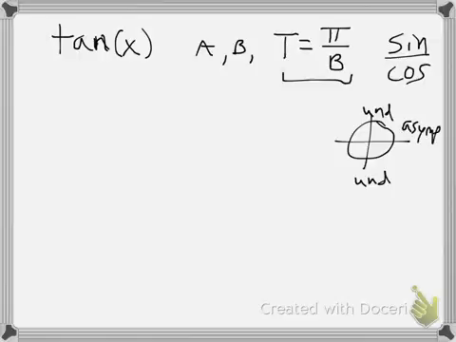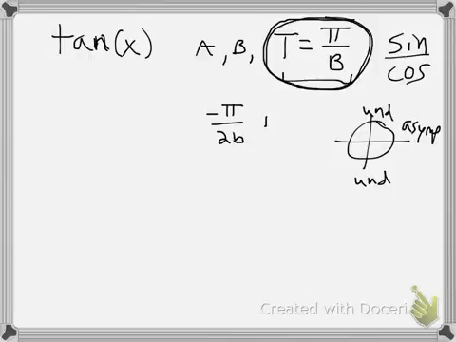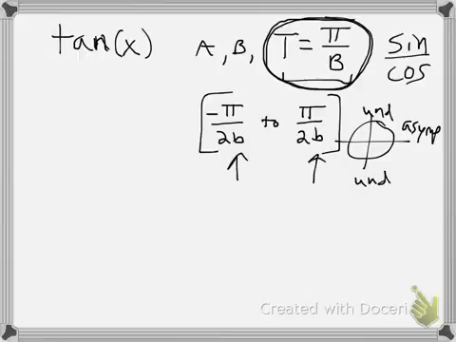So basically, the long and short of it is, with tangent, if you can identify A and B, and remember that period is pi over B, and also remember that your cycle will span from negative pi over 2b to pi over 2b, your asymptotes will occur at both limits.